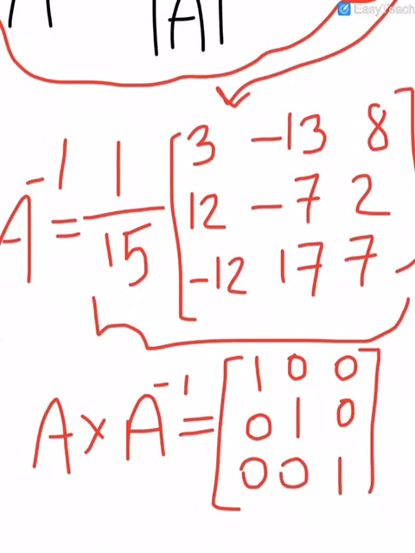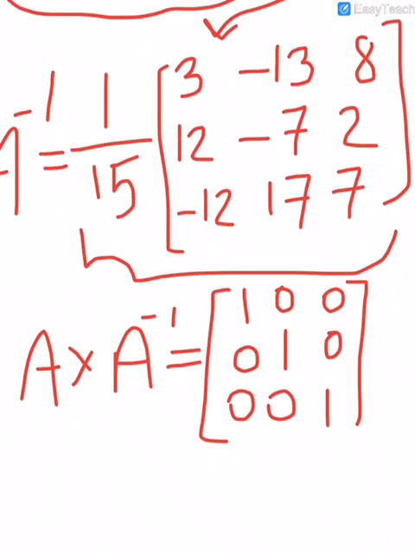You're right now at home and you have a lot of time, so just try this one. A times A minus 1 is the identity matrix. We simply call this one I3, which means that the order is 3, because the identity matrix is a square matrix, so it's a 3 by 3 matrix. Don't forget, please, prove this one and prove to yourself that mathematics is true.